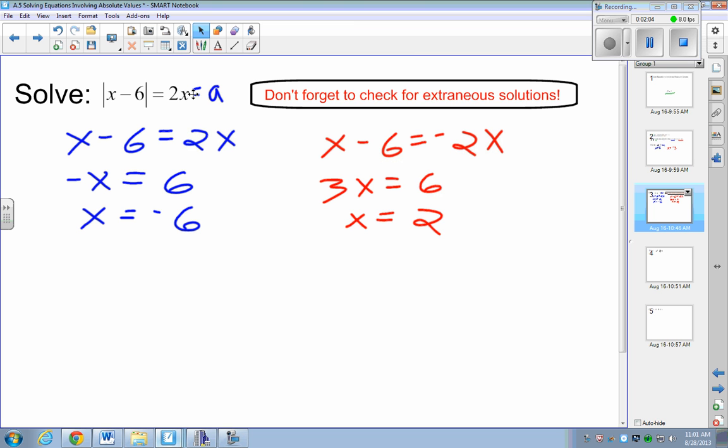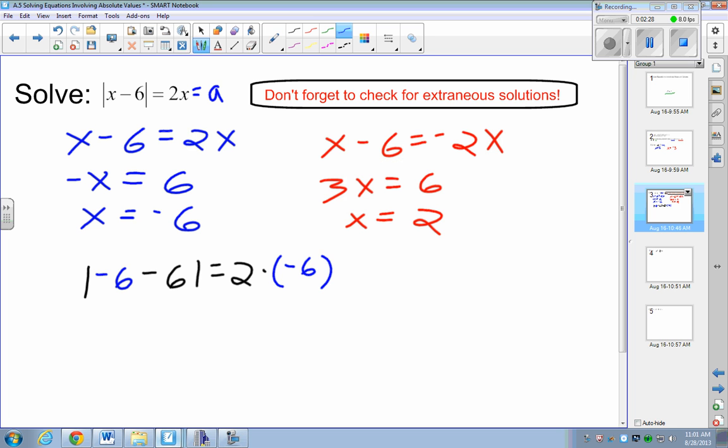Now we have to check for the extraneous solutions I was talking about earlier. So we have to plug our negative 6 and 2 back into our original equation. And so when we do that, we're going to get the absolute value of negative 12 is equal to negative 12.